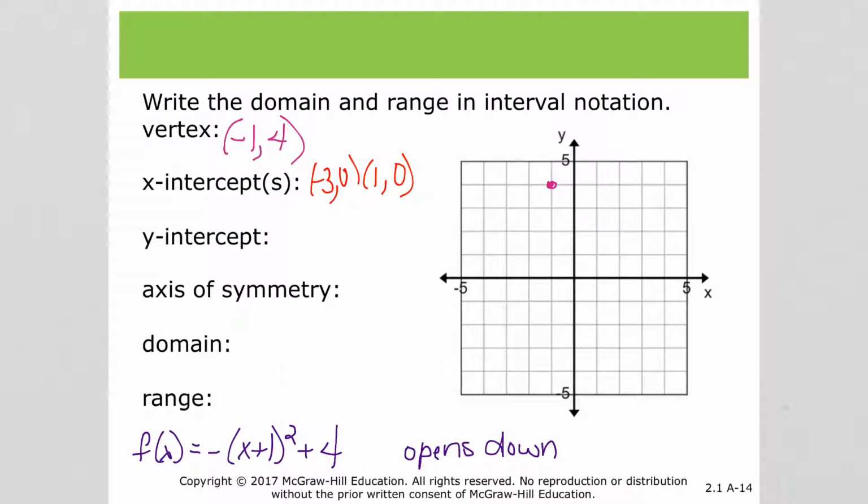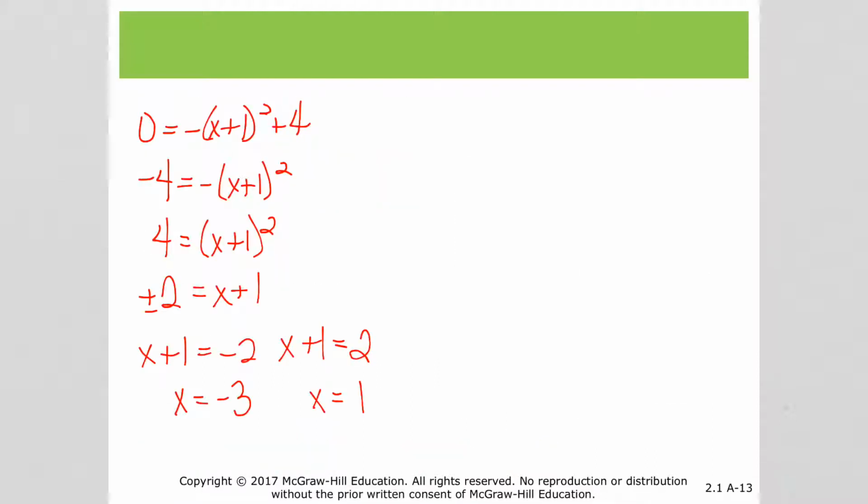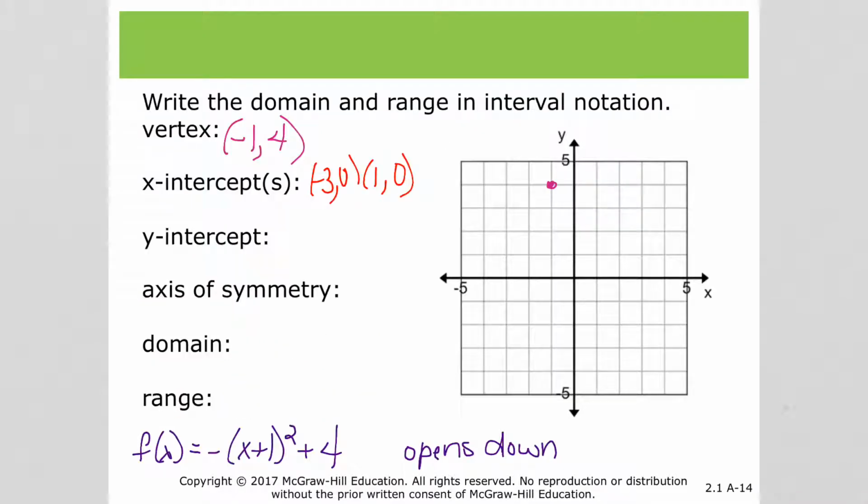Then the y-intercept, let x be 0. One squared is just 1. And -1 plus 4 is 3. So the y-intercept is 0, 3.